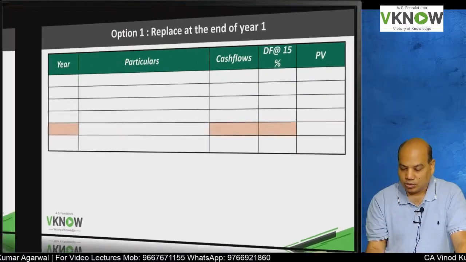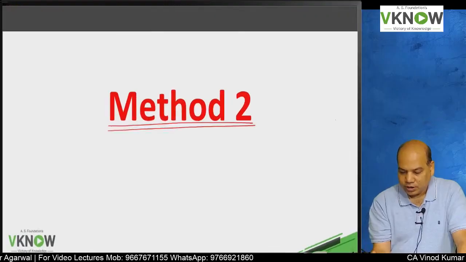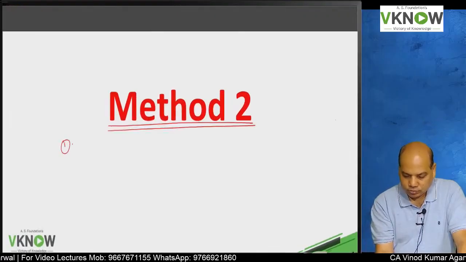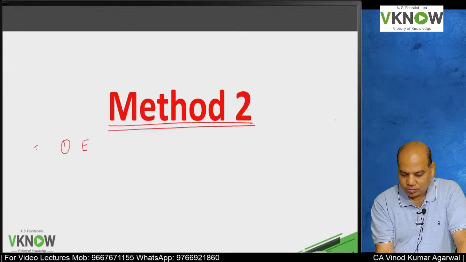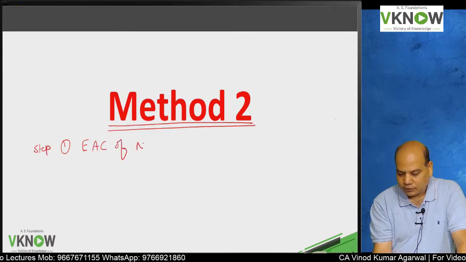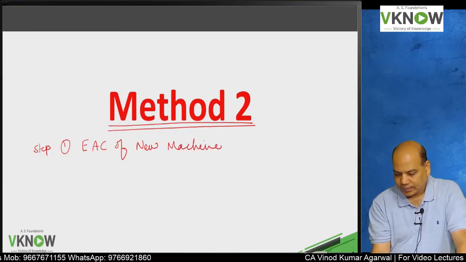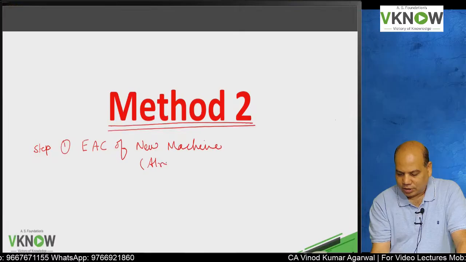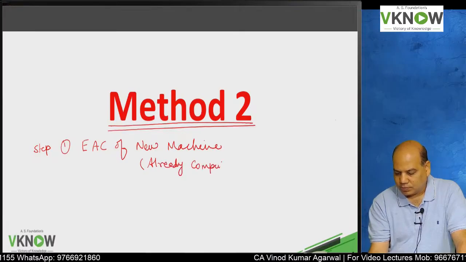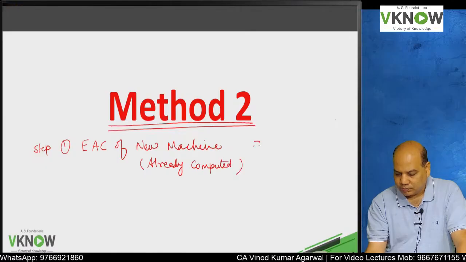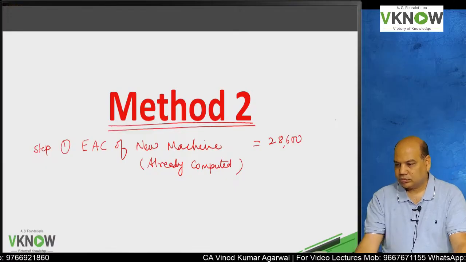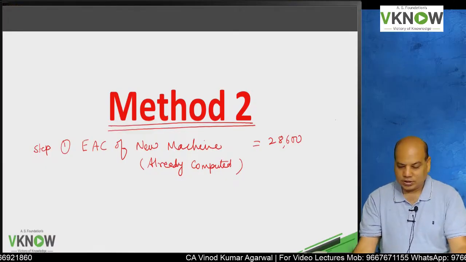In method 2, what will I do? Write down step 1. Compute EAC of new machine. Already calculated. In the exam, first you will compute EAC of the new machine, which is equal to 28,600.